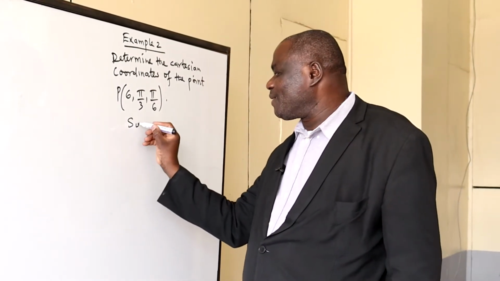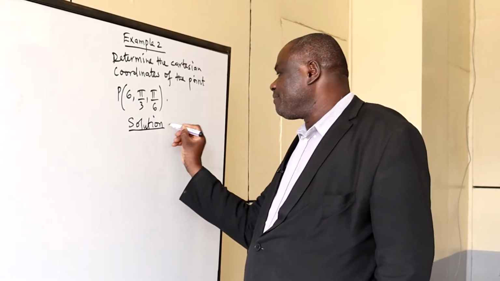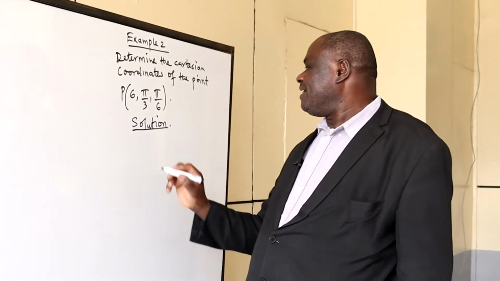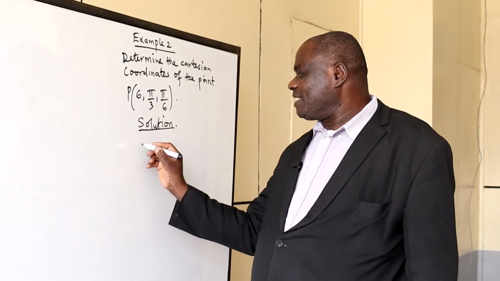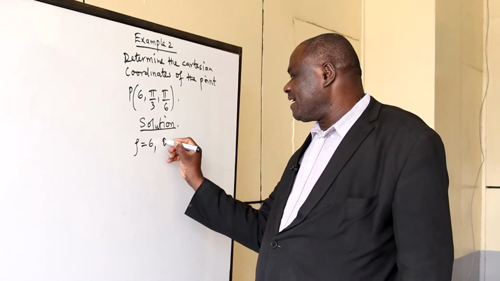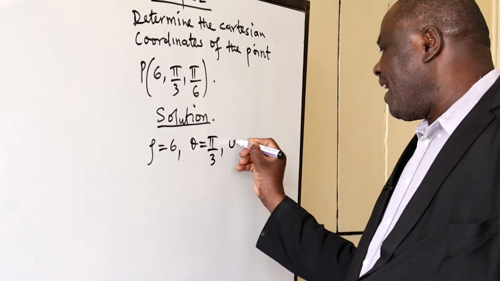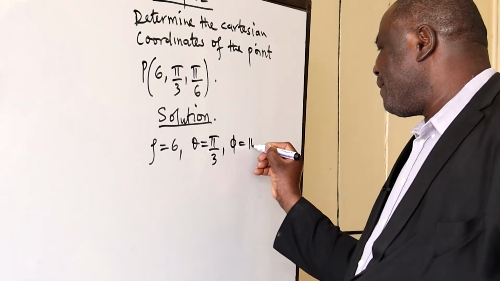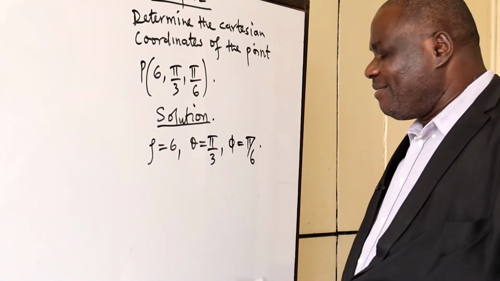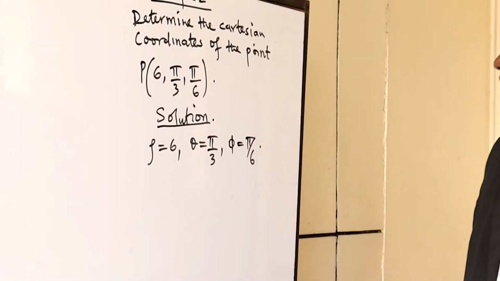So in our solution, we can see rho is equal to 6, theta is equal to pi all over 3, and phi is equal to pi all over 6.